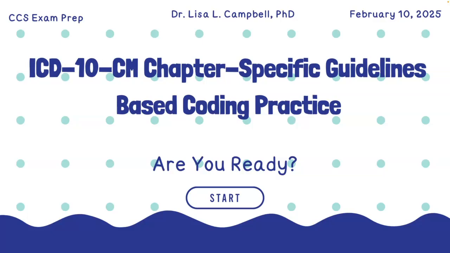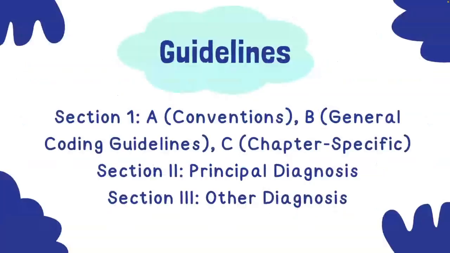All right, so let's get started with the twist I am adding to our discussion tonight. So far, you all have been reading section 1A and B of the coding guidelines, and then you started reading section 1C of the coding guidelines, which are the chapter specific guidelines.